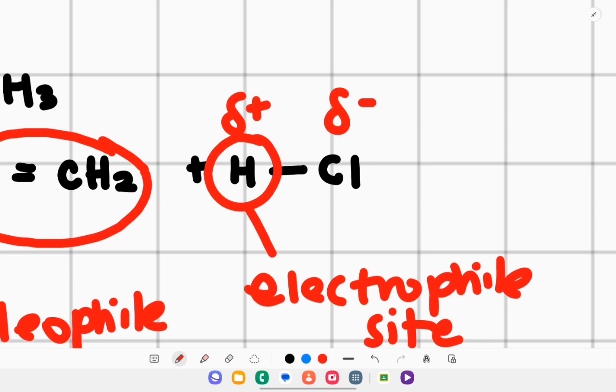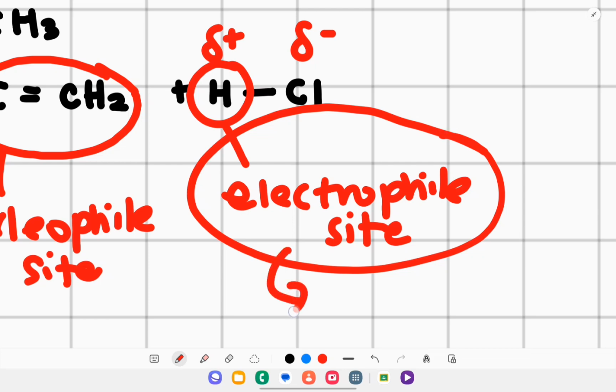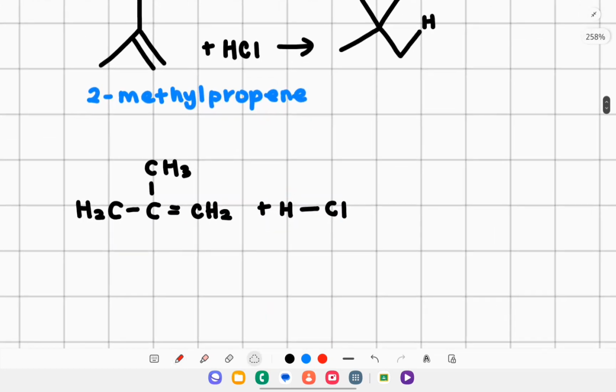In the HCl molecule, the H atom is partially positive and the Cl atom is partially negative, due to the electronegativity difference between them, chlorine being more electronegative than hydrogen. So, the H atom is an electrophile site. This electrophile site will receive electrons. So, we already identified the nucleophile and electrophile site.